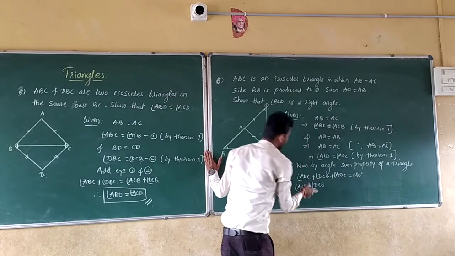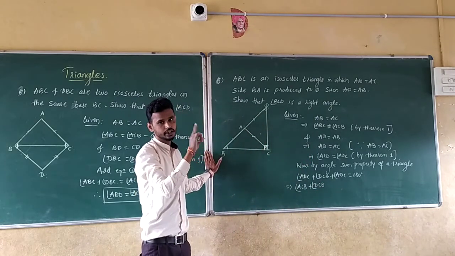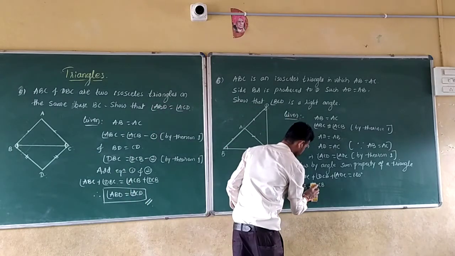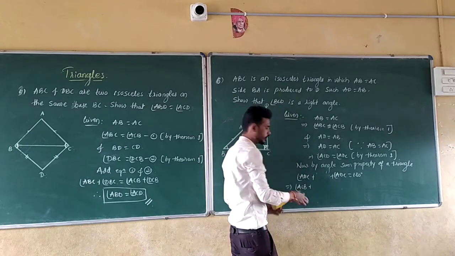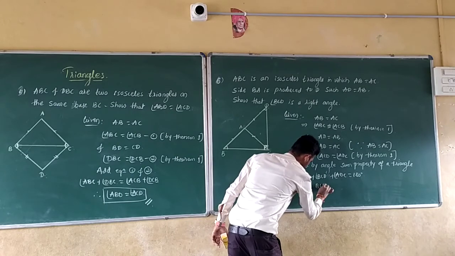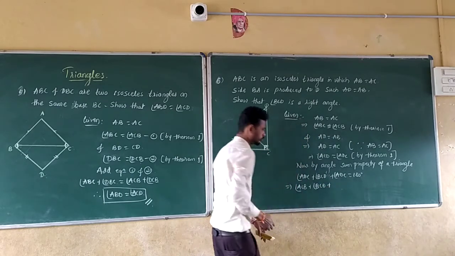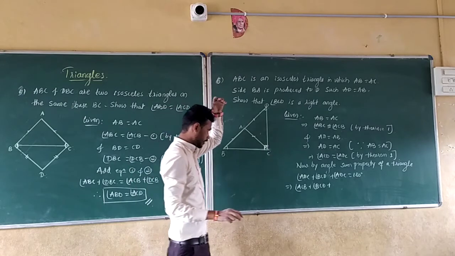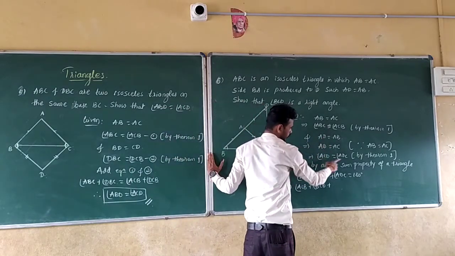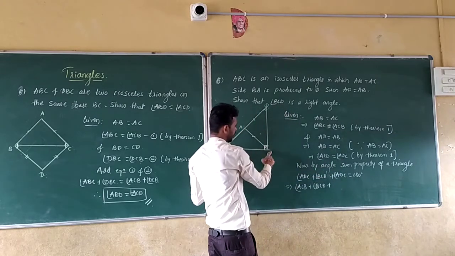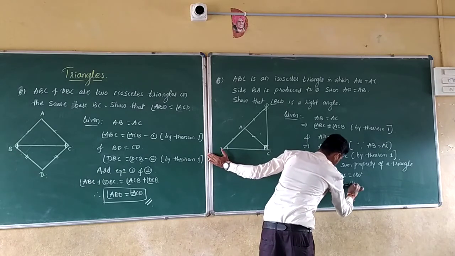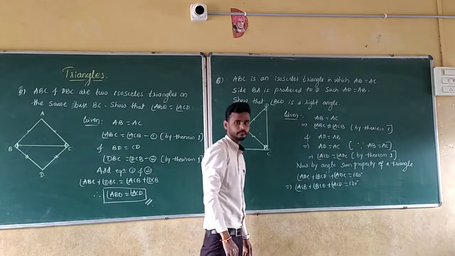You can write that as BCD only, because in the proof we need BCD only. So BCD plus BCD. Next, angle ADC we can write as ACD. So write that, ACD, which is equal to 180 degree.